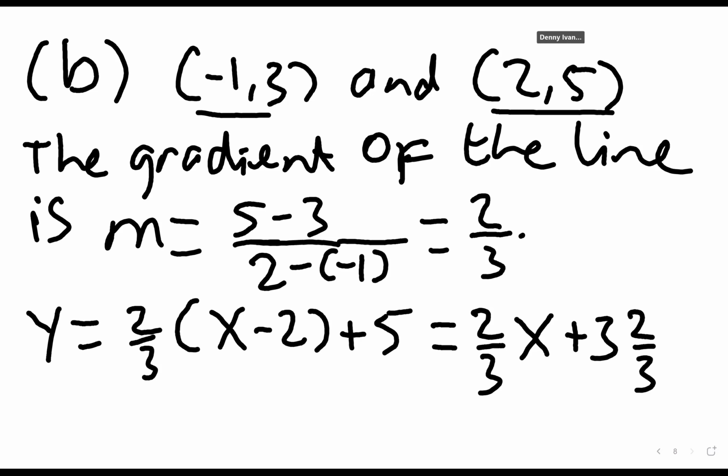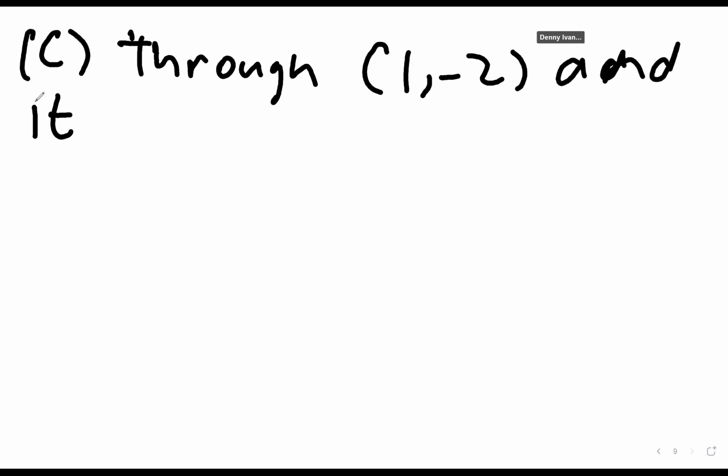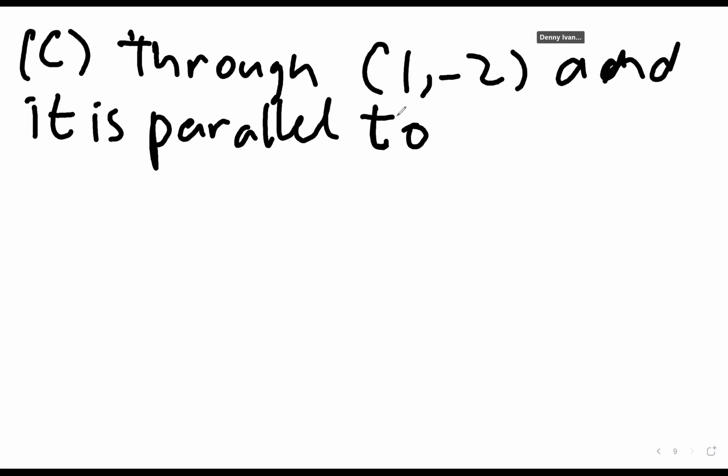More precisely, 6c: the line through the point 1, minus 2, and it is parallel to the line 2y equals 3x plus 10.